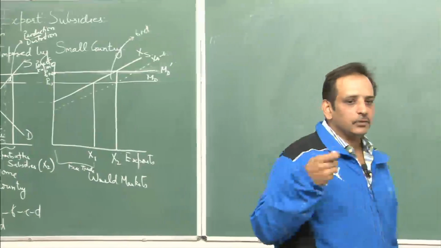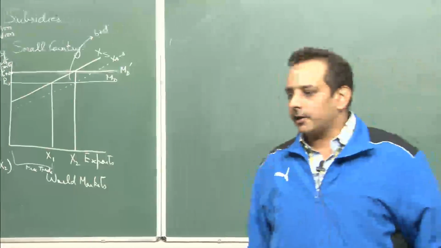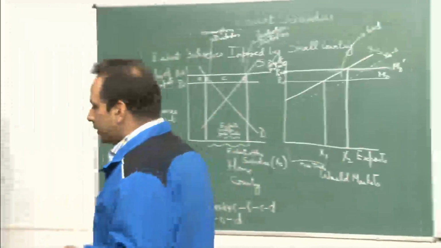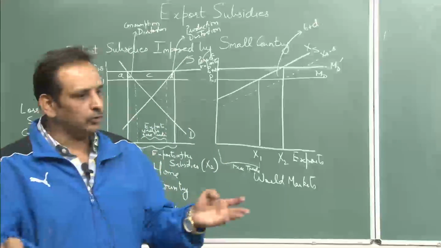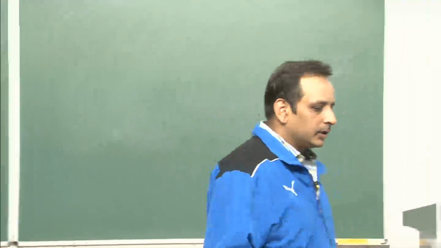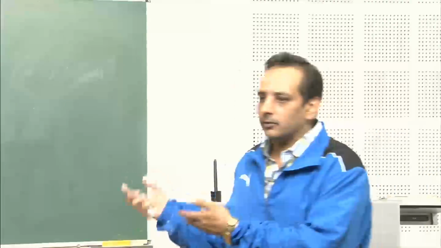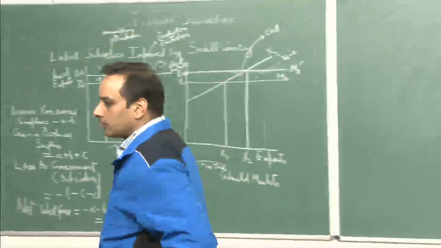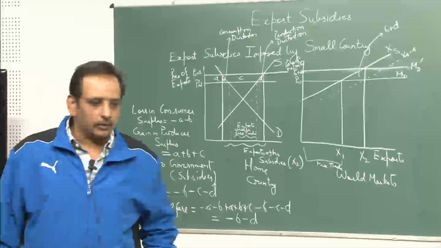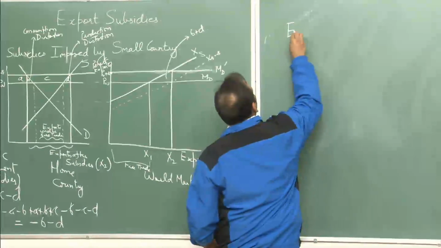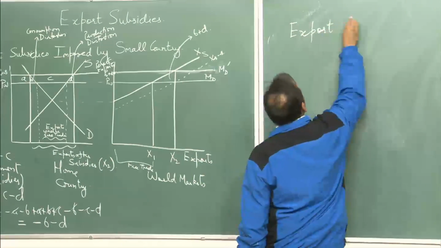But it's very easy to get affected by the argument that goes on in newspapers and parliament that export subsidies are probably good, but only good in the short run, because in the long run you will see that the terms of trade fall, world prices fall, and there are distortions which are created in the economy. Okay, so this is export subsidies.